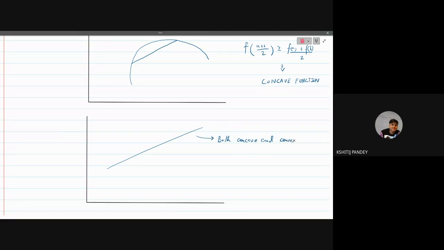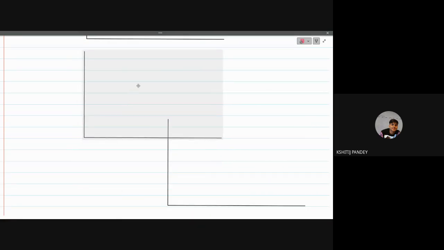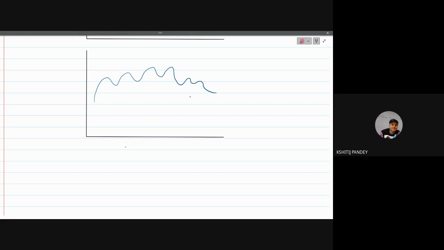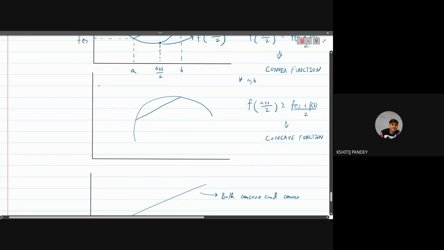And what function is neither concave nor convex? Well, a function like this, you can say. Here, it is concave at this point.